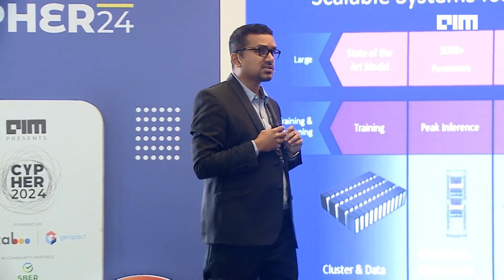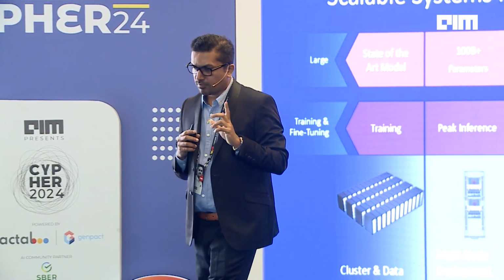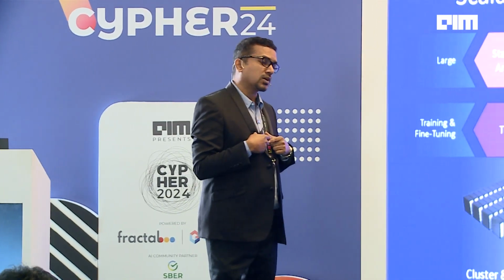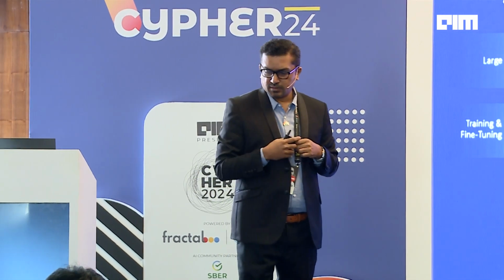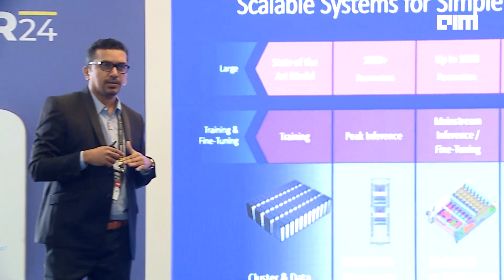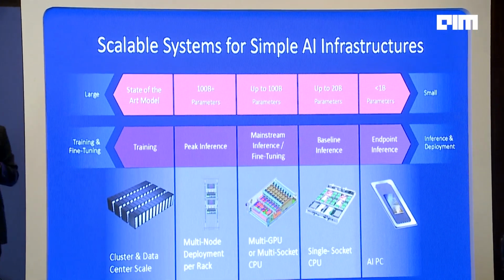If you have up to 20 billion parameter models, you can use server-grade Xeon processors. If you have a 100 billion parameter model, you can use multiple GPUs or multi-socket Xeons. And definitely, if it's more than 100 billion parameters, you need multiple nodes. Each node is one system, and you can have multiple systems interconnected into a multi-node system.